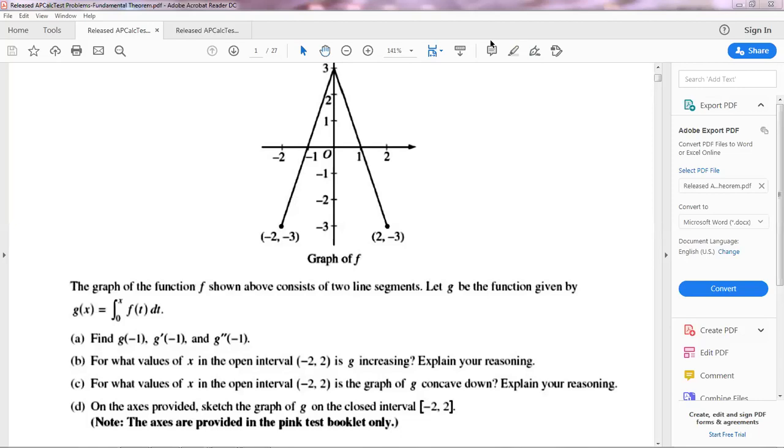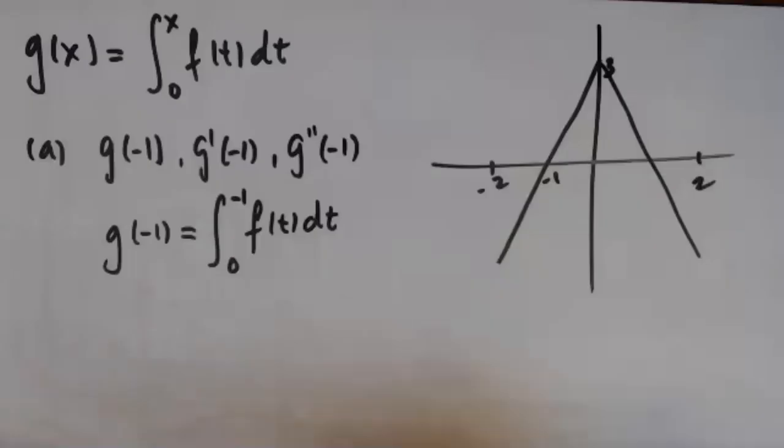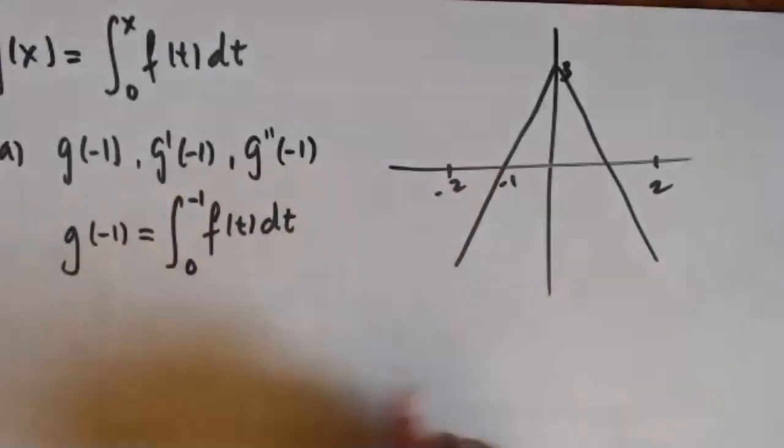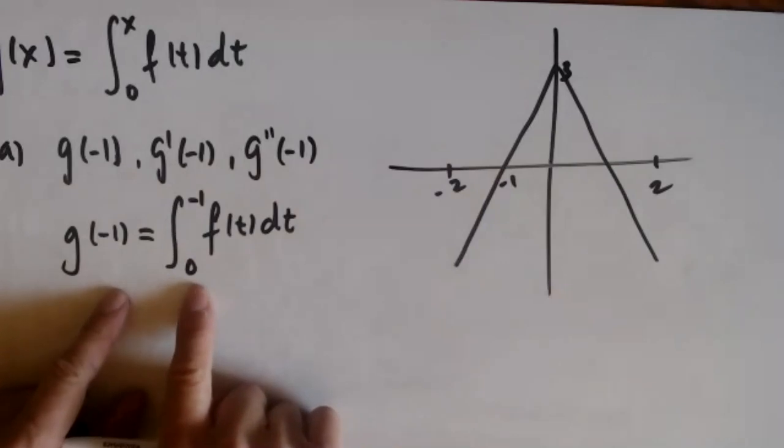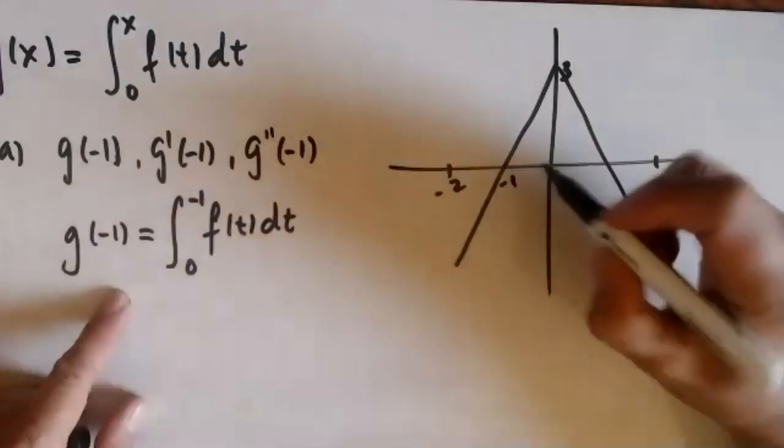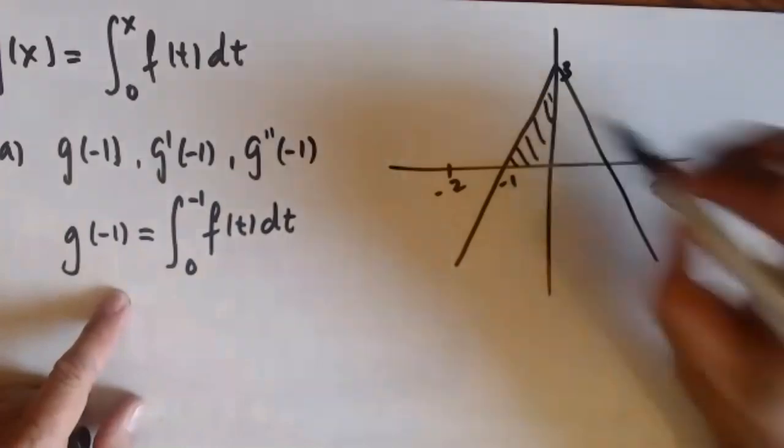So let me just sketch it right here. This is -2, this is -1, this is 3, and so on. Okay, let me go back to the screen. So this is pretty much this function, right? This integral is the area right here, correct?